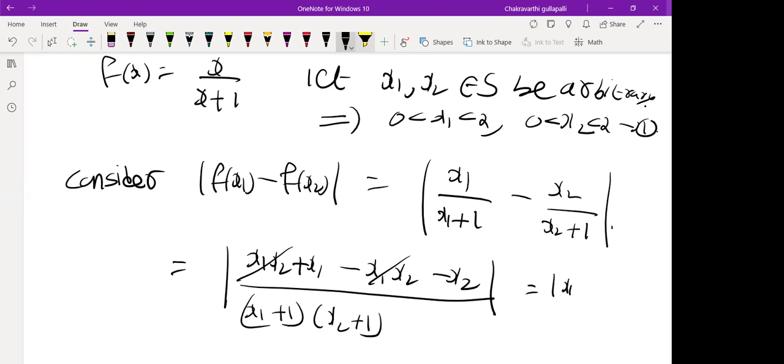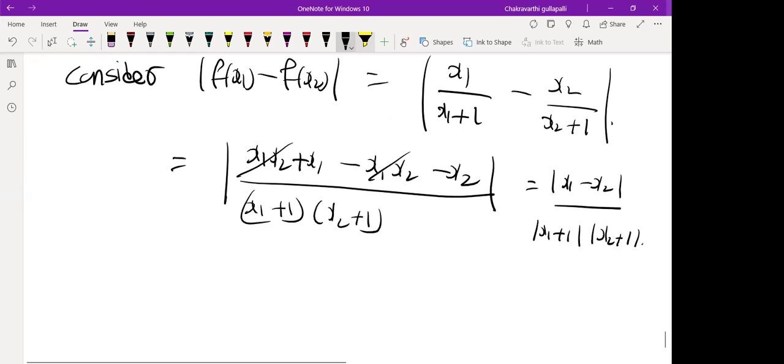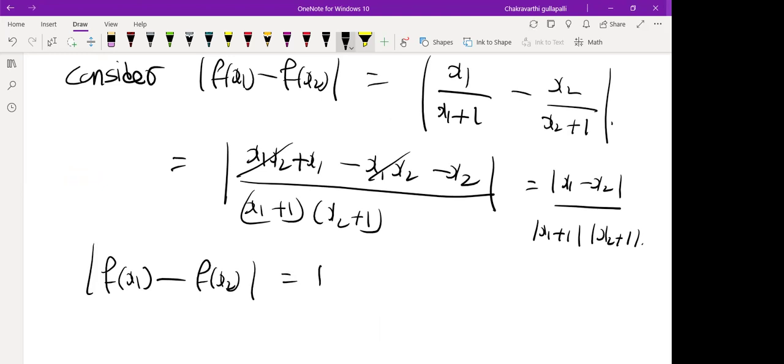Which implies |x1 minus x2| divided by |x1 plus 1| times |x2 plus 1|. Now we have to make it less than epsilon. This can be rewritten as |x1 minus x2| times 1 by |x1 plus 1| times 1 by |x2 plus 1|.